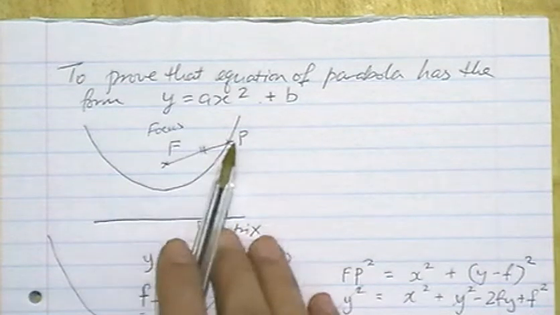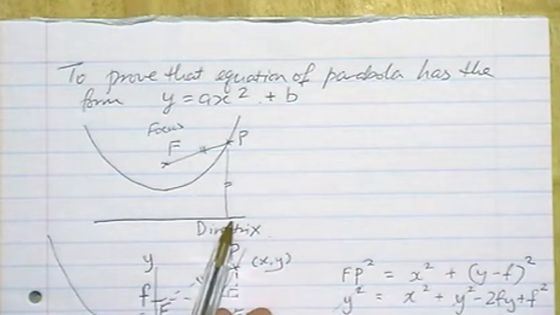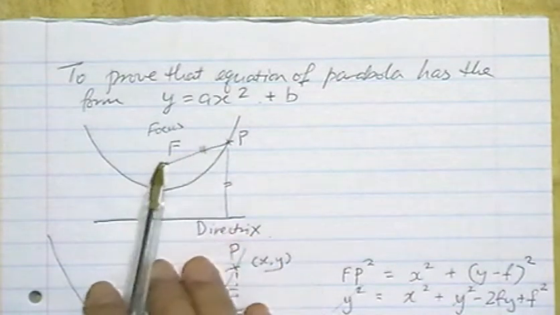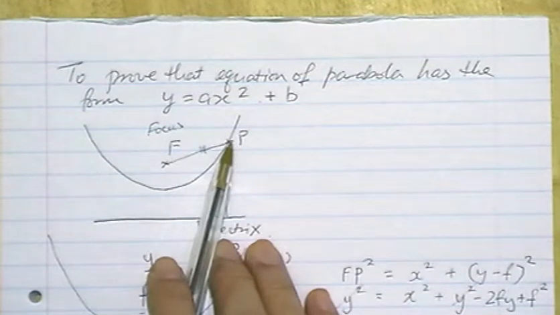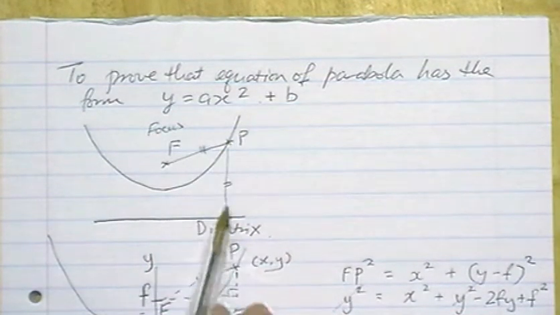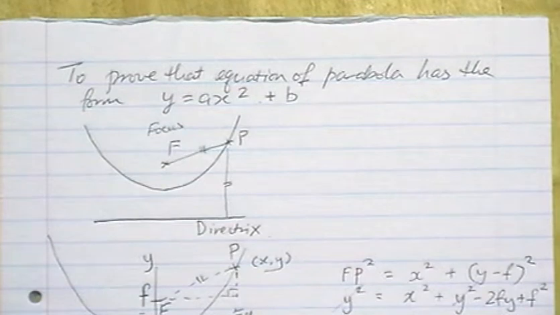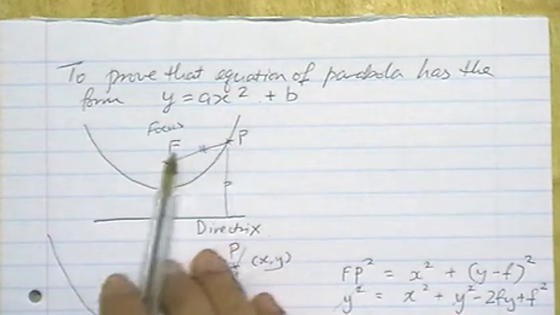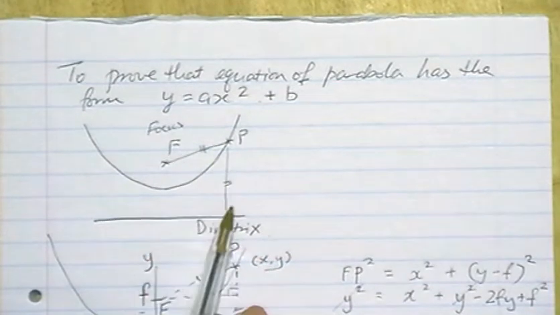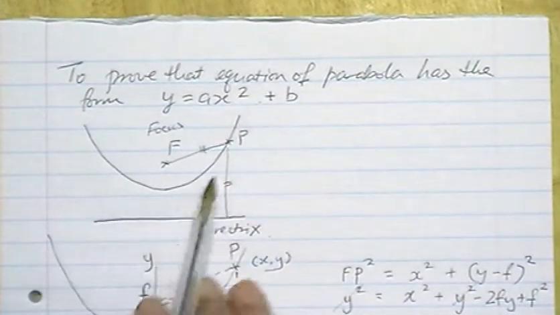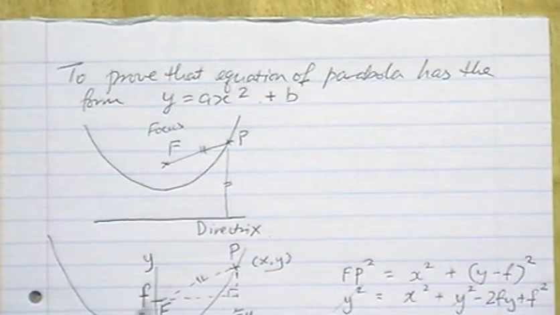So those two distances must be equal. In the case of an ellipse, this distance must always be the same fraction of this distance. So for example, if this distance is always exactly half of this distance, then the curve would be an ellipse.